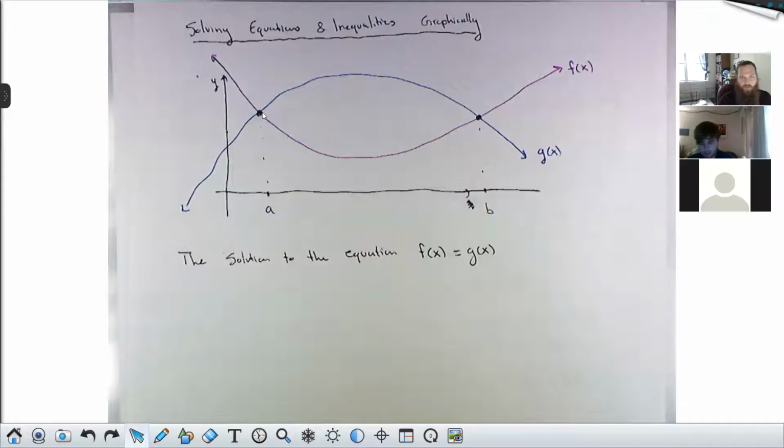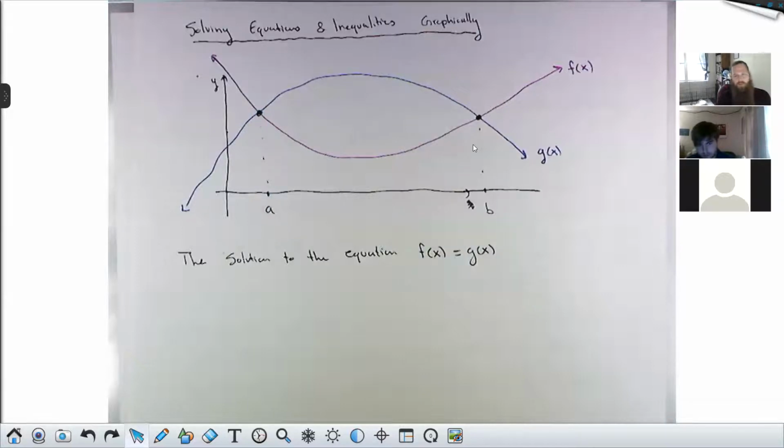So right here at this point, f of a, well, that's the y value on the purple graph, and g of a, that's the y value on the blue graph, they're the same. So f of a is equal to g of a. In other words, x equals a is a solution to this equation.